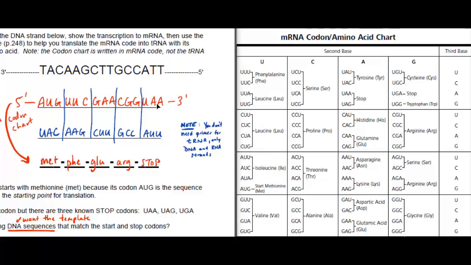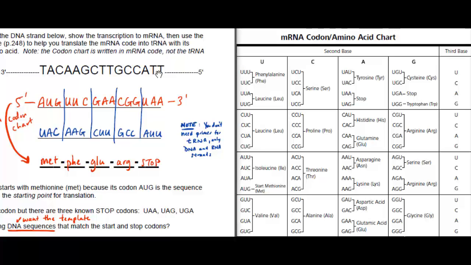And if UAA happens to be a stop codon in the mRNA, doesn't code for anything, then ATT is the DNA version of the stop codon. And it can save you a lot of time if you memorize TAC. You probably will anyway because you're going to be looking for this over and over again. But committing ATT to memory is also a little bit useful.